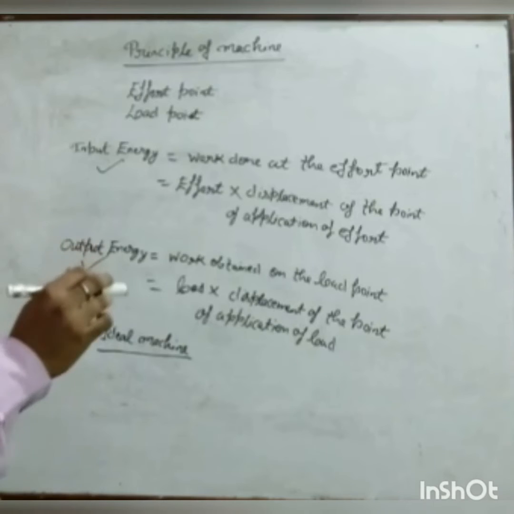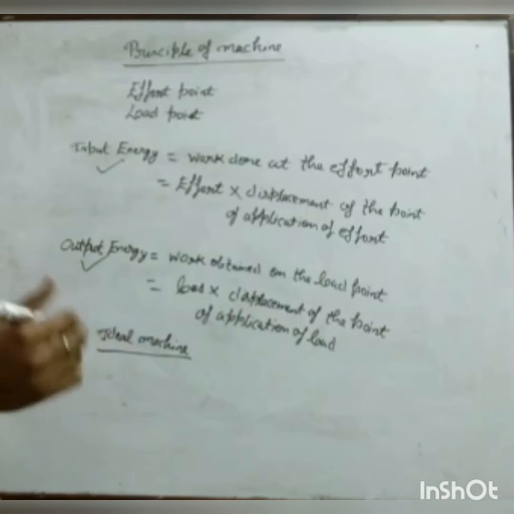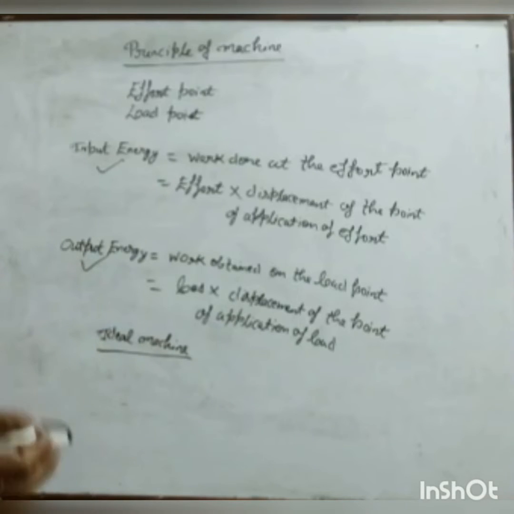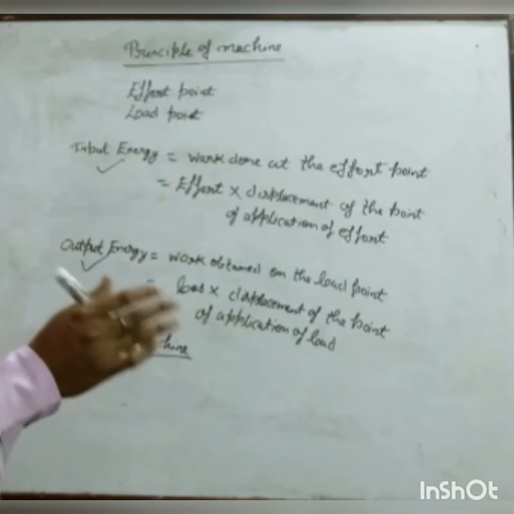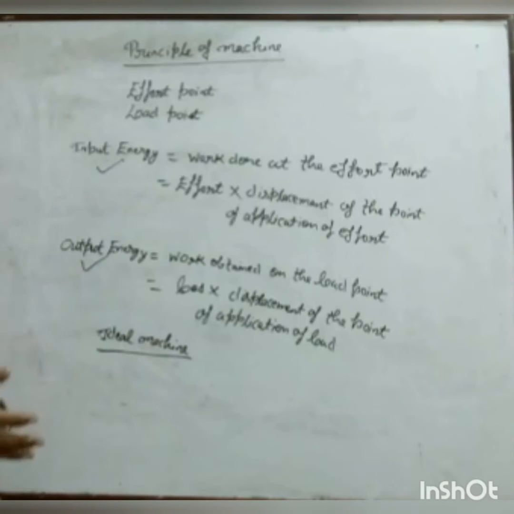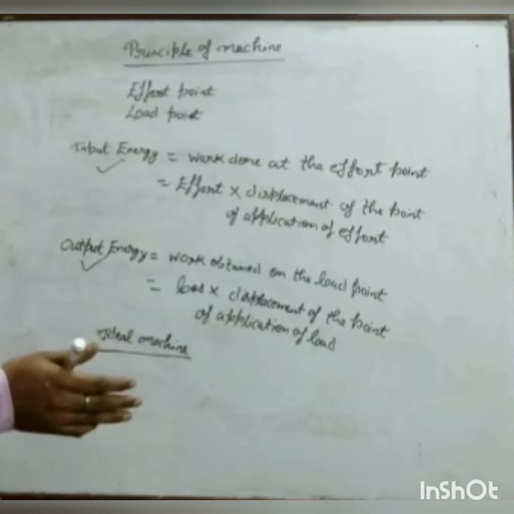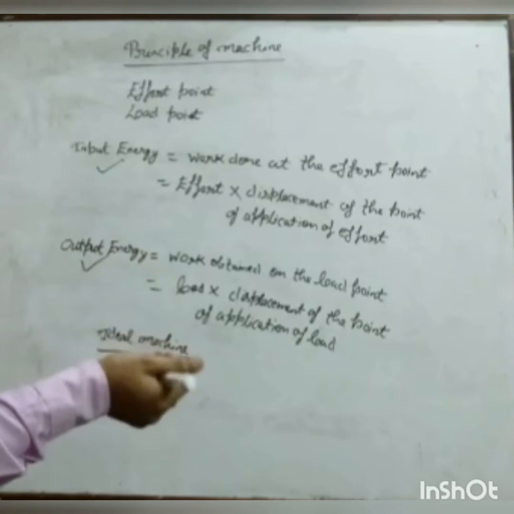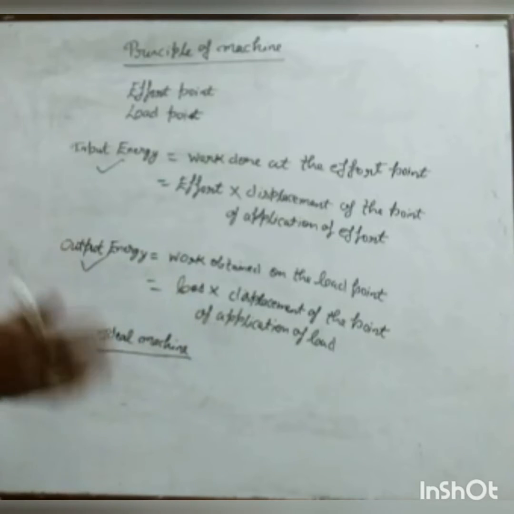The useful work done by a machine can never be greater than the work done on the machine, otherwise it will violate the principle of conservation of energy. Therefore, no machine can ever have efficiency greater than 1 or more than 100%. So, an ideal machine is one in which there is no loss of energy in any manner. Here the work output is equal to the work input. So, the efficiency of an ideal machine is 100%.